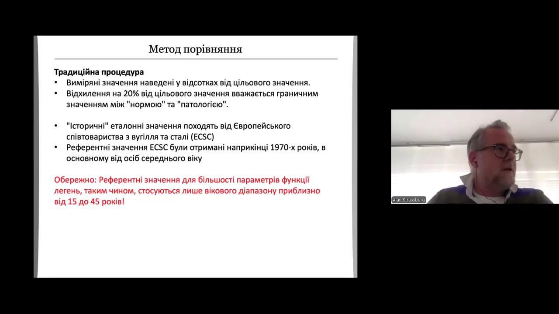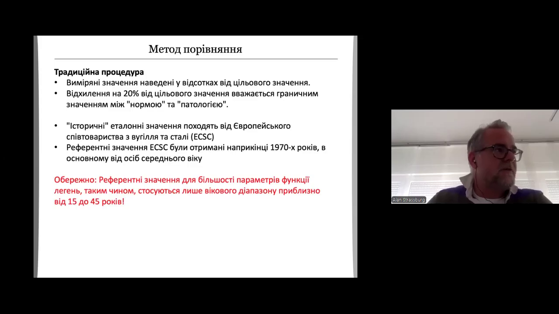So we then have the volumes measured at the patient, and we want to compare those volumes with people that are known to be healthy on the lungs. And we do this by printing out a percentage to the target value, and a deviation of 20% from the target value is regarded as a limit value between normal and pathologic.